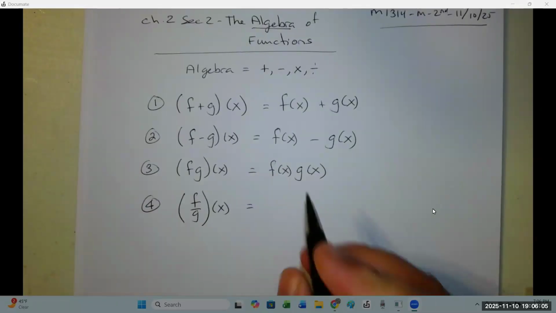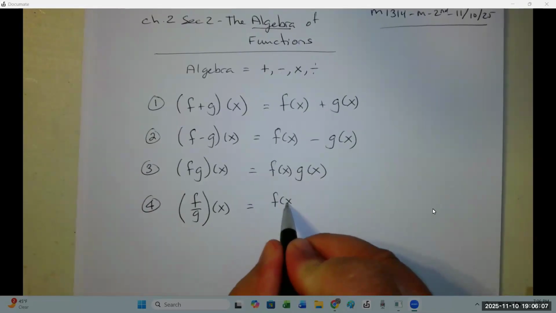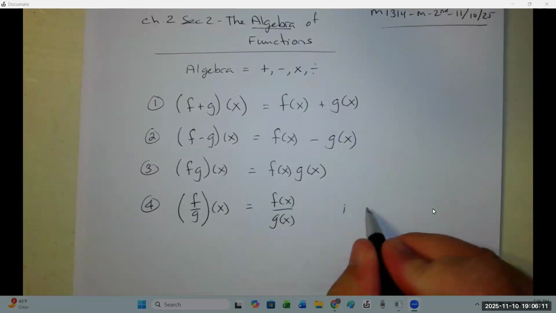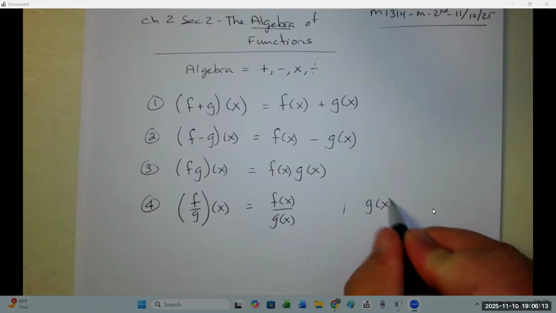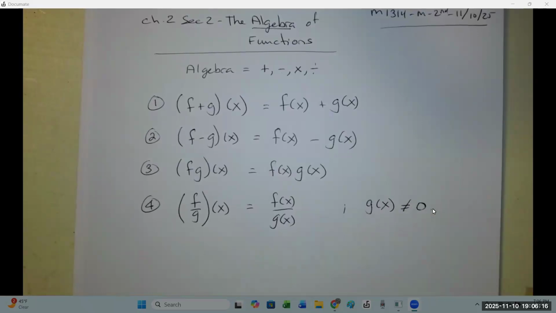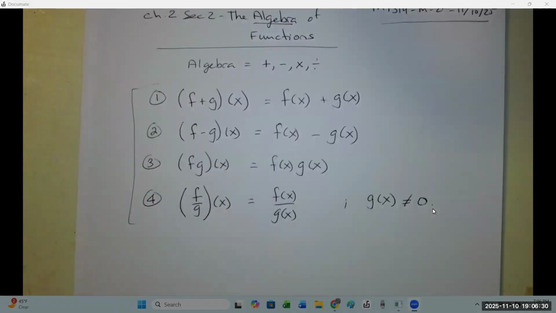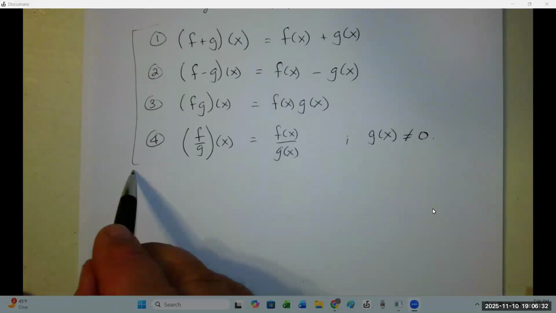And the last one is the division, as long as g of x does not equal 0. And I'll show you what these mean in a second, because we'll do some of those. And I'll show you how they work. But these are the basic properties of the algebra of functions.